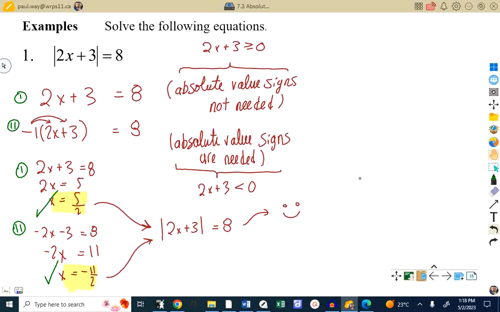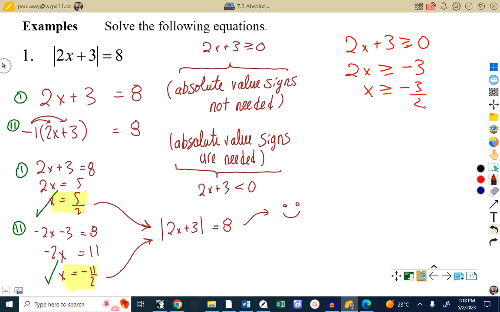Well, if 2x plus 3, everybody, is greater than or equal to 0, then 2x is greater than or equal to negative 3, which means x is greater than or equal to negative 3 halves. Are you with me on that?